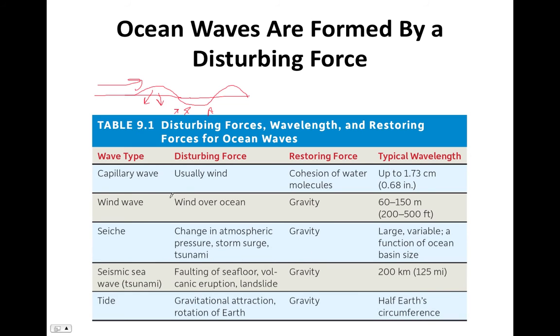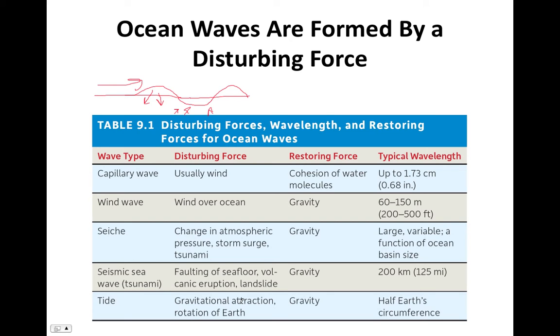So we have wind waves disturbed by the wind, seiches, which are disturbed by different phenomena, changes in atmospheric pressure, a storm surge, or tsunami, seismic sea wave, which is caused by basically a large displacement of a large volume of water over a short period of time, which could be a faulting in the seafloor, or volcanic eruption, or a landslide. And the tides are disturbed by the gravitational attraction of the moon and the sun and the rotation of the earth.